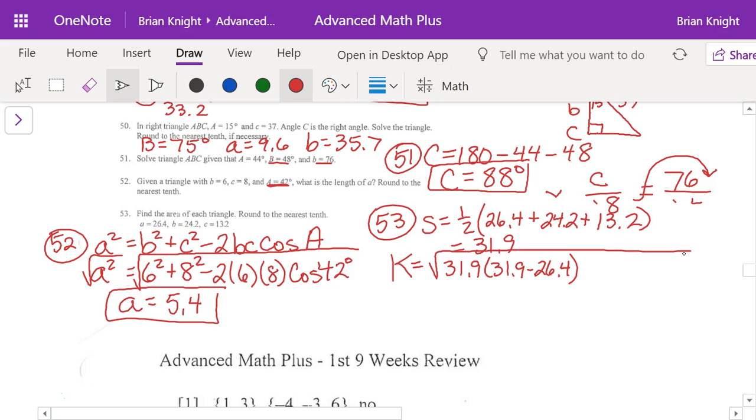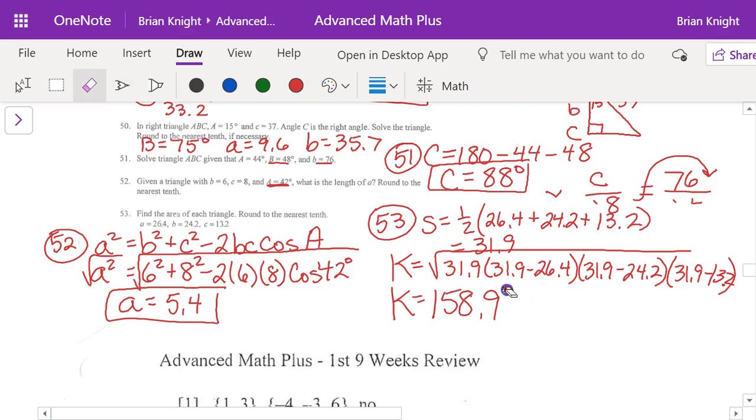Okay, so s is 31.9 minus 24.2, b. And last but not least, 31.9, s minus c, which was 13.2. Whew. Put all that in your calculator. 158.9.